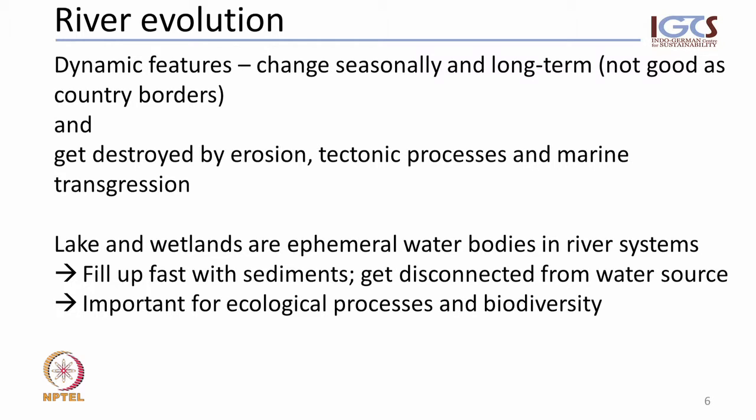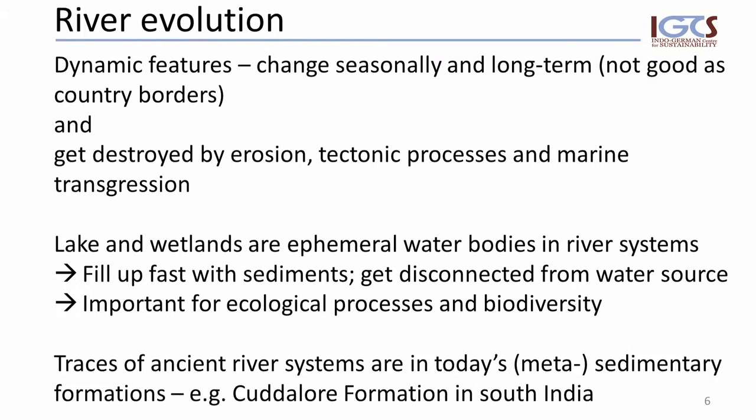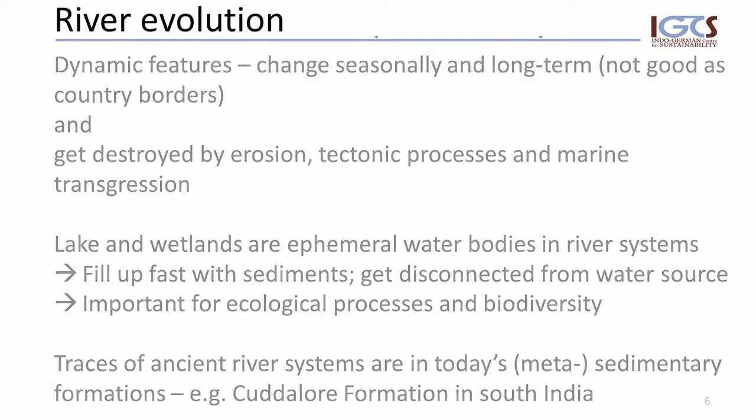Although they are very important for ecological processes and very important for their biodiversity, especially for us. So traces of ancient river systems are found in today's sedimentary formations, and those sedimentary formations may form today's aquifer systems. For instance, the Cuddalore Formation in South India.